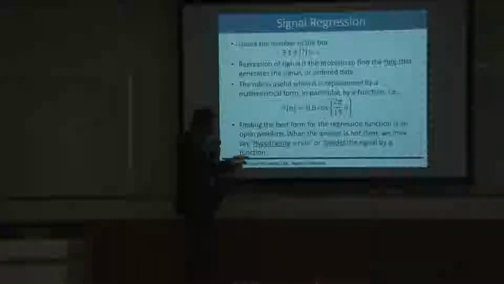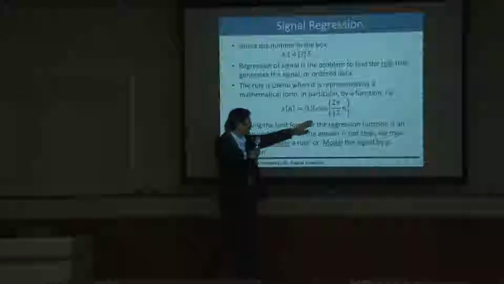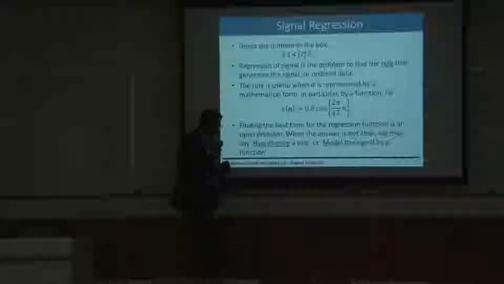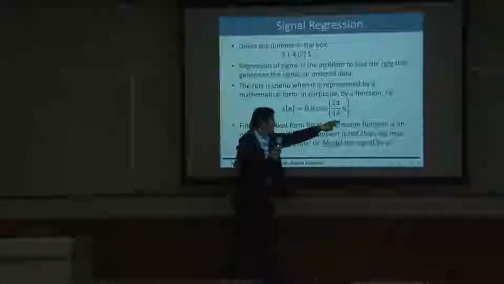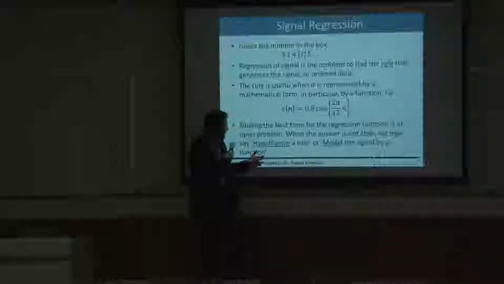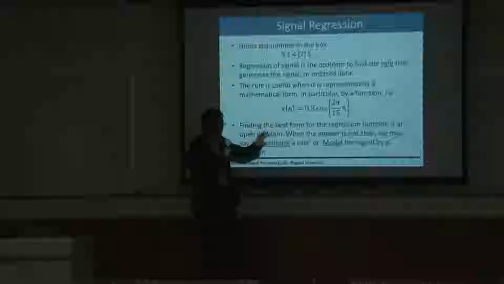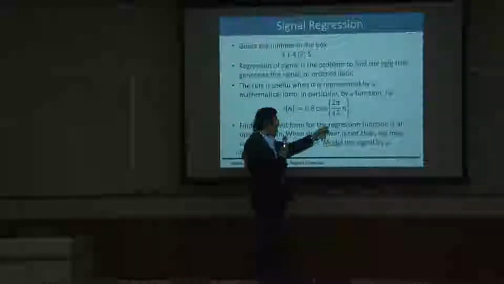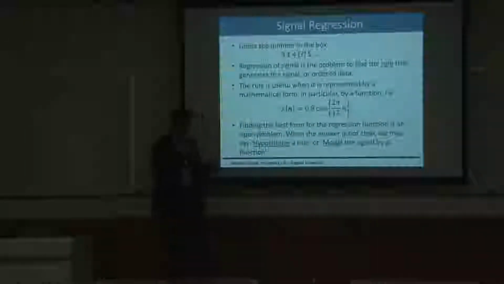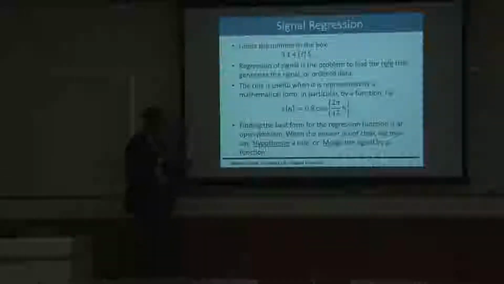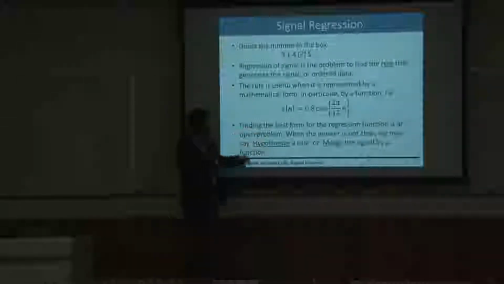Otherwise, we need to assume that this may be a cosine function or this may be a second order polynomial or something like that. So we need to hypothesize a rule that describes the relationship between independent and dependent numbers, or we may say a model. We build a model such that under that model these relationships hold. Okay, so modeling or hypothesizing the relationship are quite similar ideas or almost the same. But anyway, finding the function is the final goal.